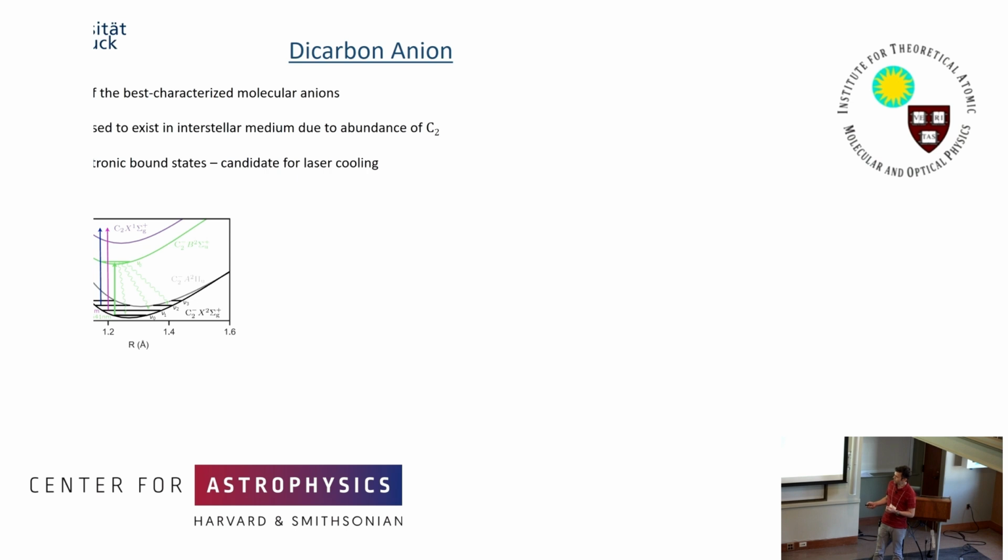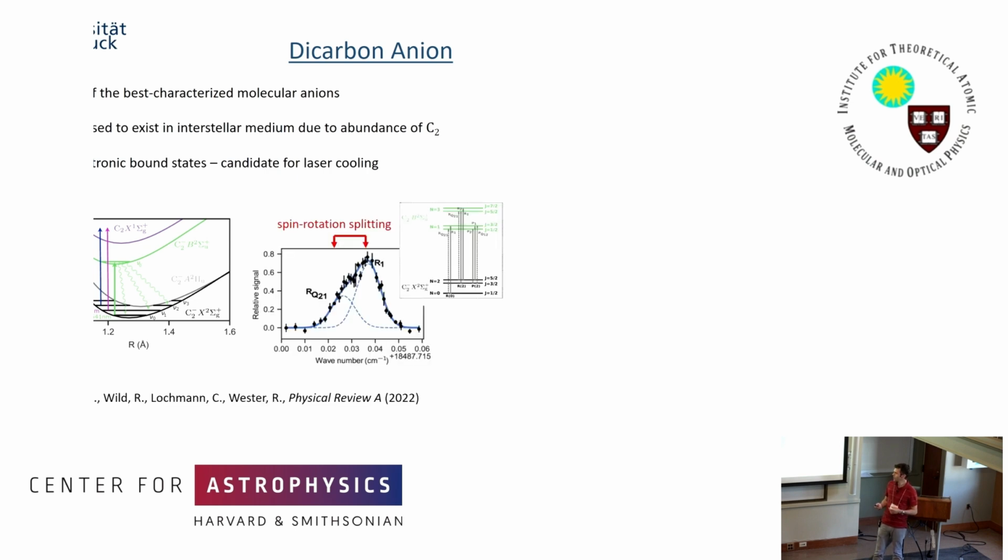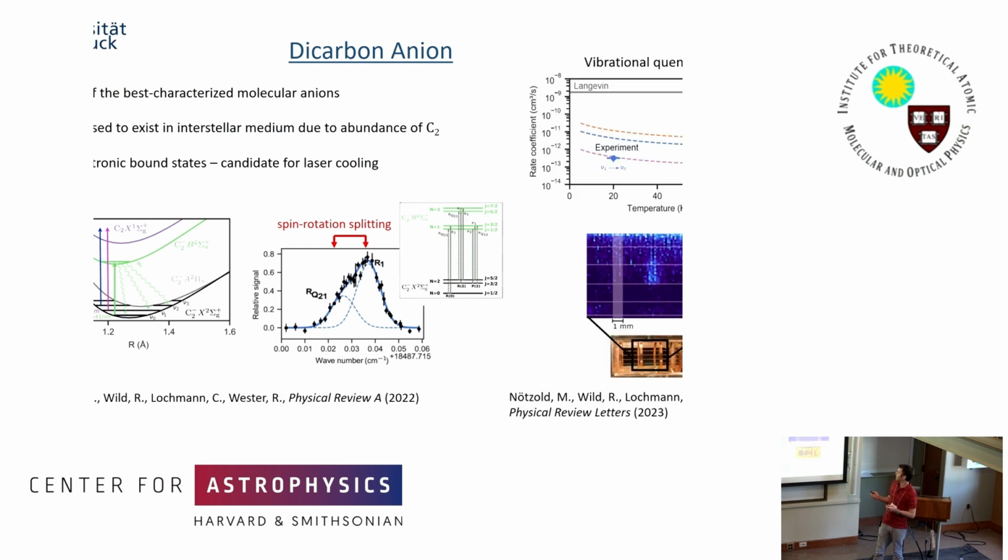Because some of these are nice wavelengths, it's a candidate for laser cooling, so we're looking into that ourselves. We've done some spectroscopy and also some measurements of quenching for the V equals 1 to V equals 0 state with H2. As part of these experiments, we also measured 3-body rate constants.